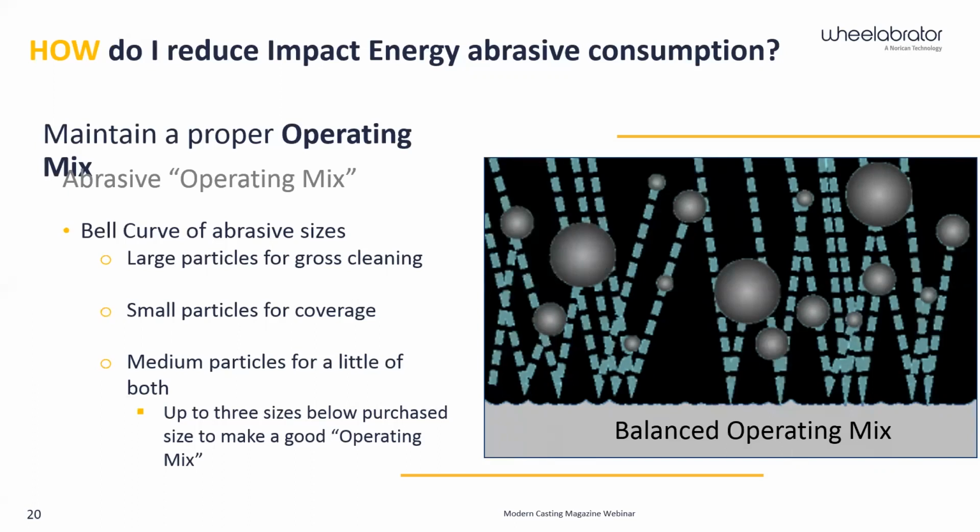But with 390 shot, you want to make sure you have some 330, some 280, and then some 230 shot. Once it gets below that 230, you don't want to keep all the small stuff in there. You don't want to keep your 170, your 110, because that's getting too fine for what you're trying to do with your cleaning. You want to make sure your system is pulling that stuff out, because if you don't, all it's doing is using up amps, power, things like that.